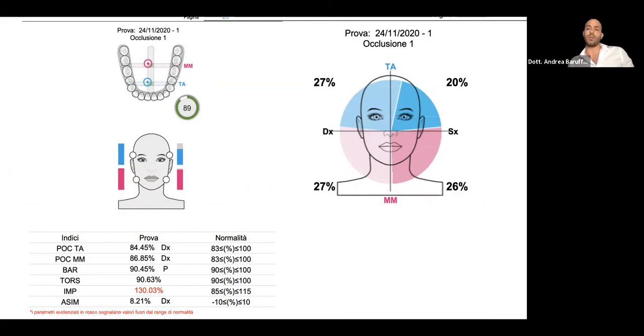So we told the patient that we can solve the aesthetic problem, but we have to consider that the impact is quite high. The best treatment would be to integrate the aesthetic treatment with a treatment of the bruxism, with a splint or something else.